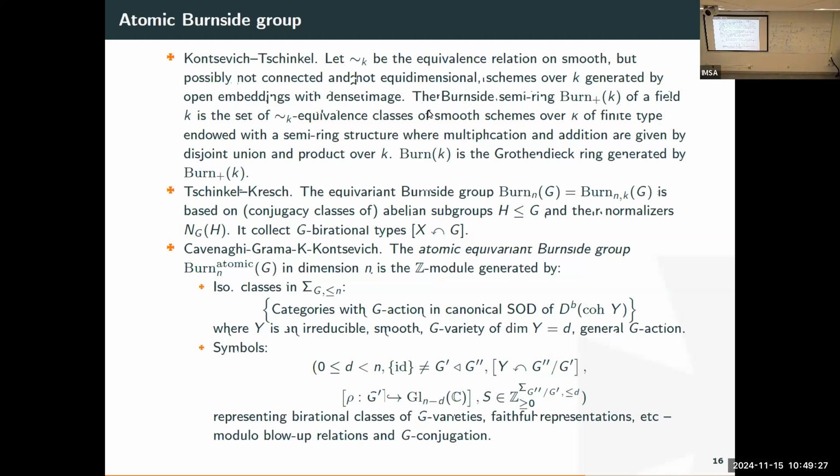So it's a theory of symbols. So you take your varieties on which you have a group action. And you have fixed points under this group action. So the fixed sets, they form subvarieties, points, whatever they are.